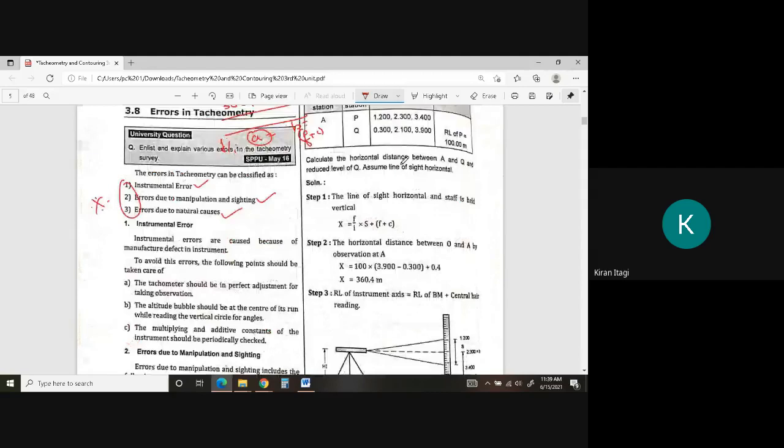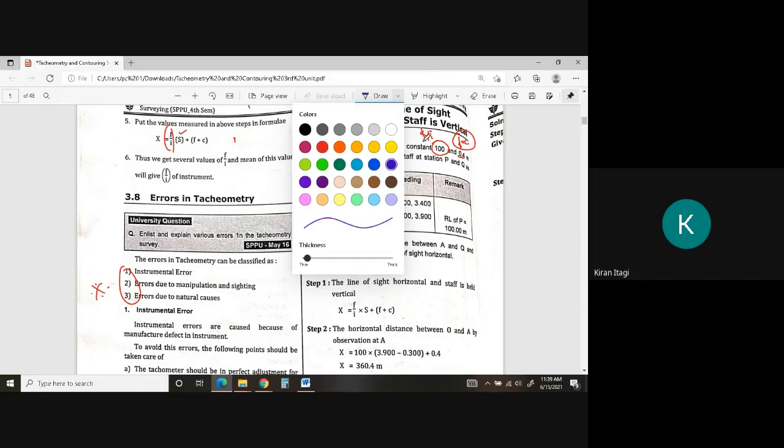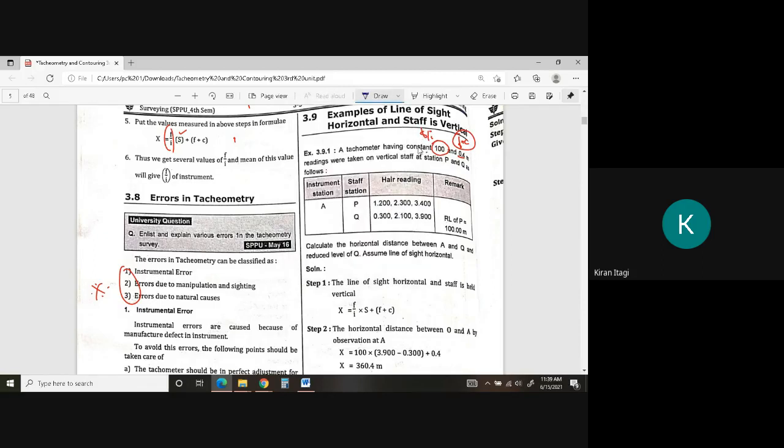If I draw the diagram, I have kept my instrument at station A. Here I have one station called P, and here another station called Q. I have kept my staff here and taken the reading.